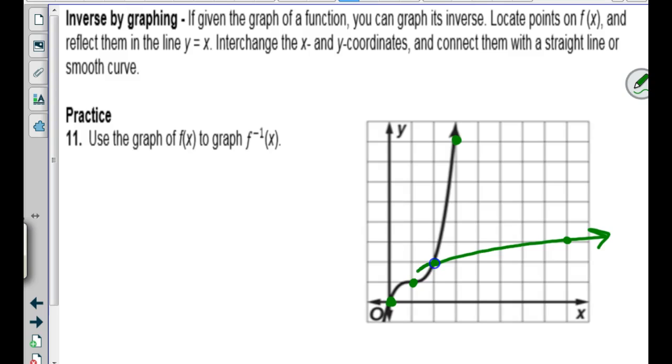We have to kind of reverse the little curve there so it's going this way, because it's supposed to flip across this line. Oh, I can't draw that line. The line y equals x. Okay. I gave you a better one on the quiz, I promise.